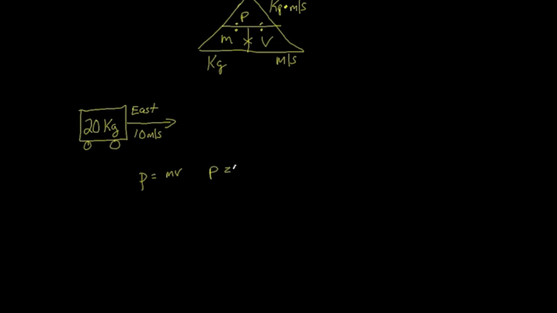So P equals the mass, which is 20 kilograms, times 10 meters per second, which equals 200 kilograms times meters per second.